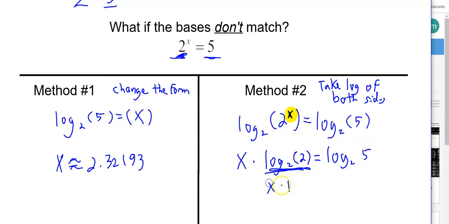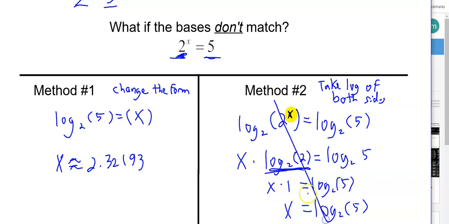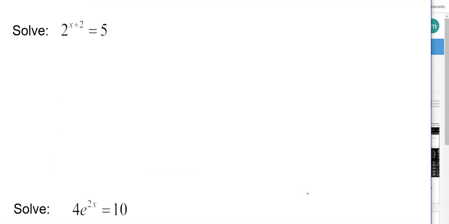So we have x times 1 equals log base 2 of 5. And so x equals, we get the same answer as with the other method. It was just so beautiful. It's such a nice method. But honestly, no students really use this method. It's really neat. It shows you the beauty of mathematics. It just takes 4 or 5 steps to do what we did in 1 step over there.